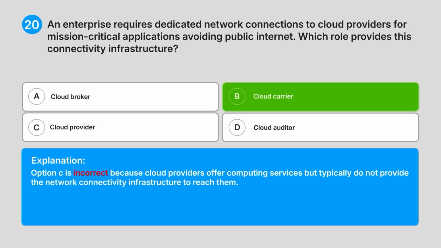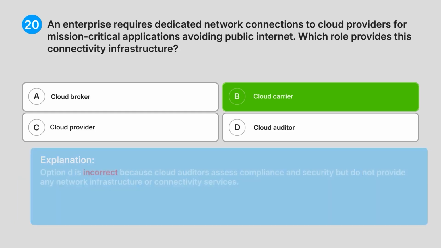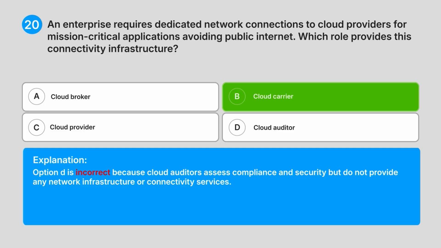Option C is incorrect because cloud providers offer computing services but typically do not provide the network connectivity infrastructure to reach them. Option D is incorrect because cloud auditors assess compliance and security but do not provide any network infrastructure or connectivity services.